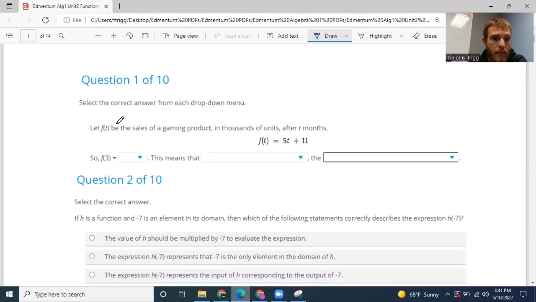Let f of t be the sales of a gaming product in thousands of units after t months. Okay, so f of t equals 5t plus 11. So f of 3 equals, so what we're going to do is replace t with 3 in order to find f of 3. So this will be 5 times 3 plus 11.